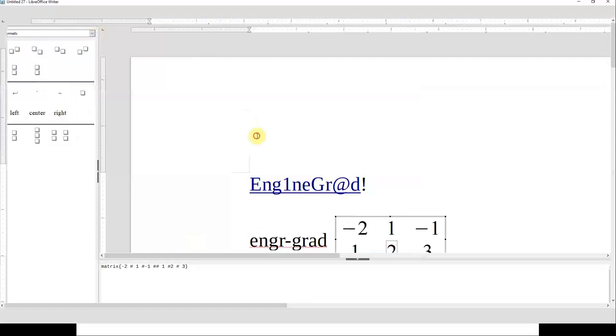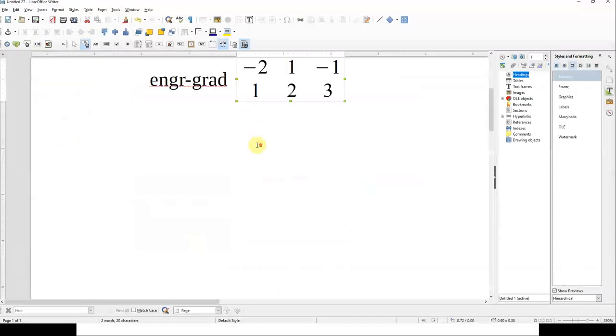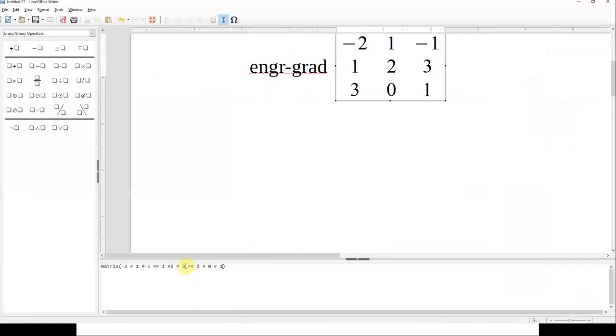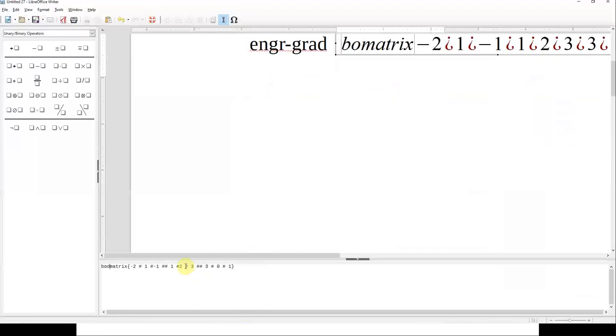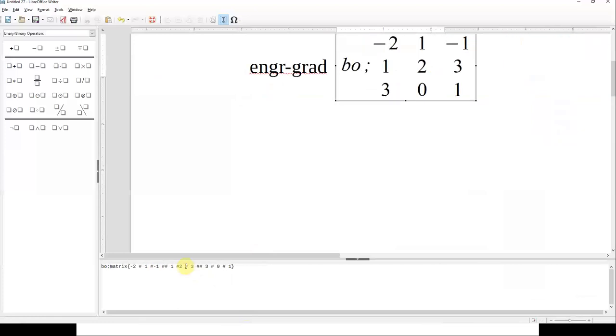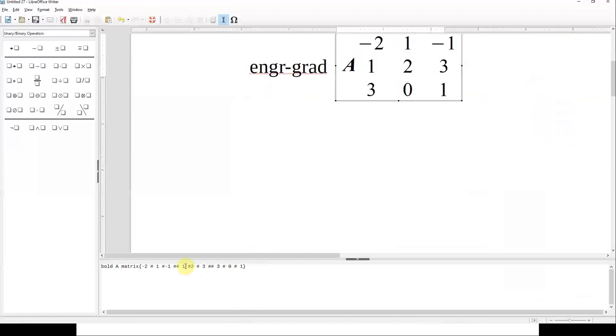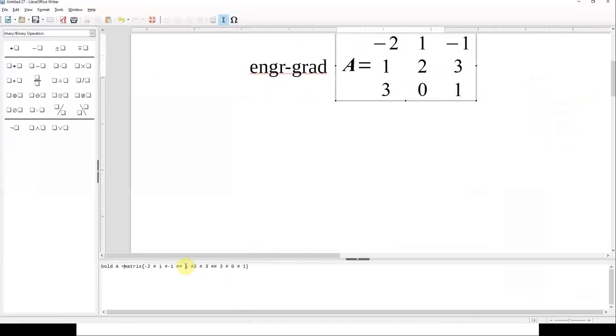Hold on, let me scroll up so you can see. Next row: 3, 0, and 1. Alright, so that's A, right? That's A.